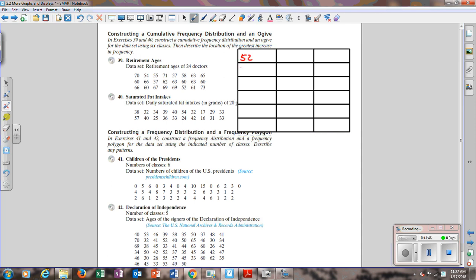It gives you 3.5. So you're going to go up by 4 each time. So 52, 56, 60. 64, 68, 72, and then go up 3 from there, 75. Then you just go each one.